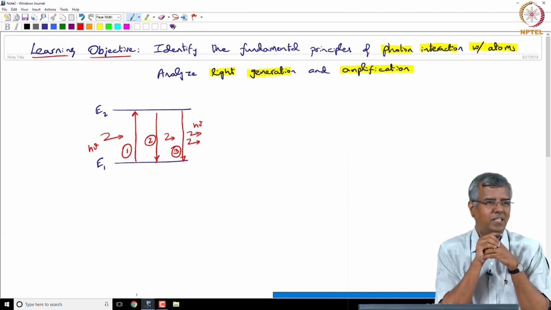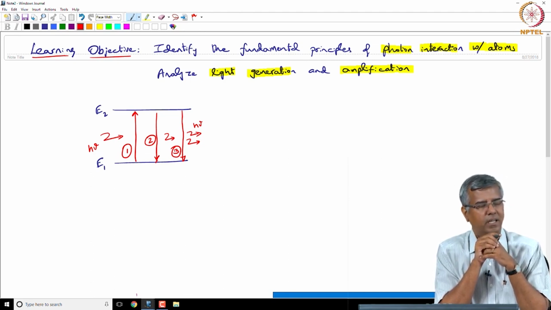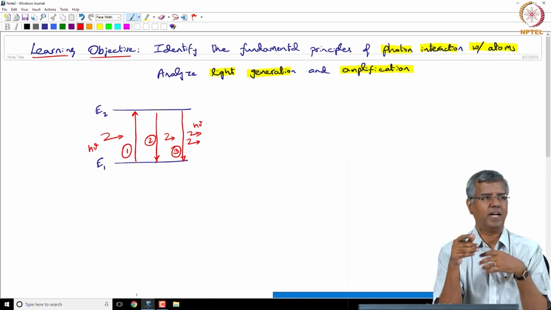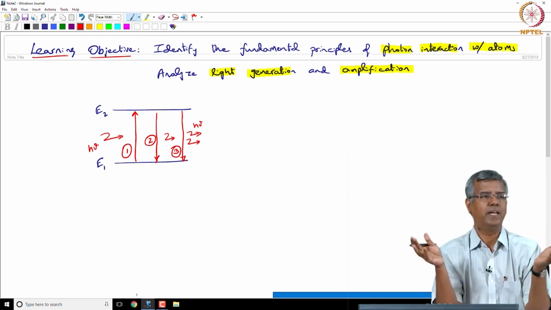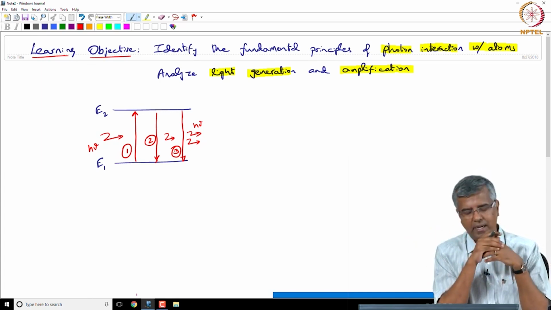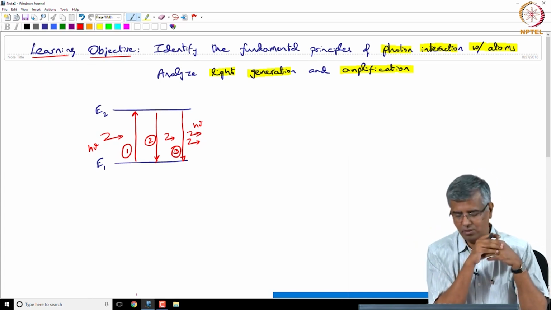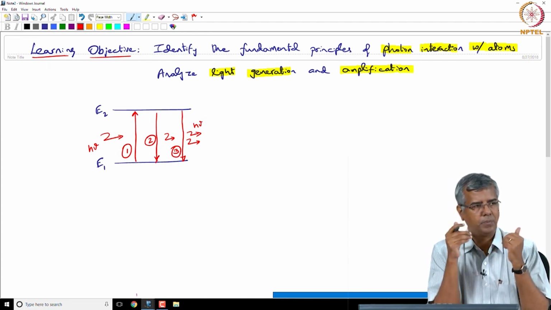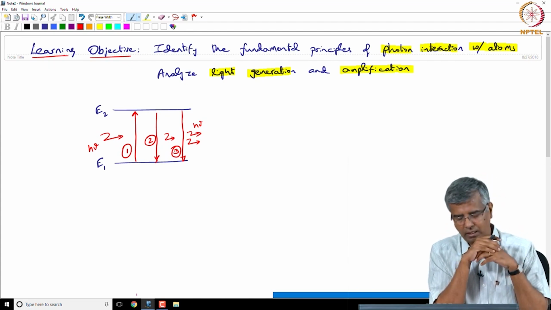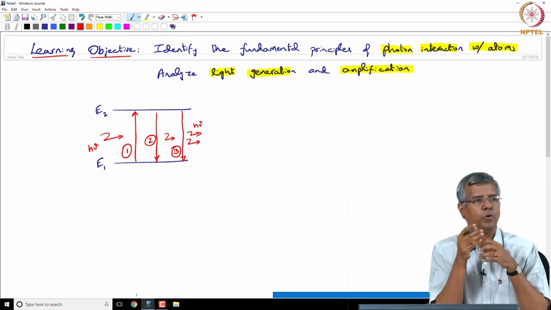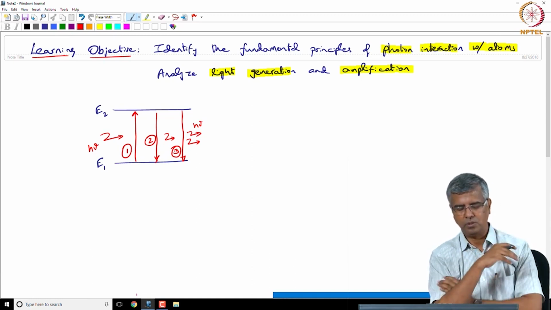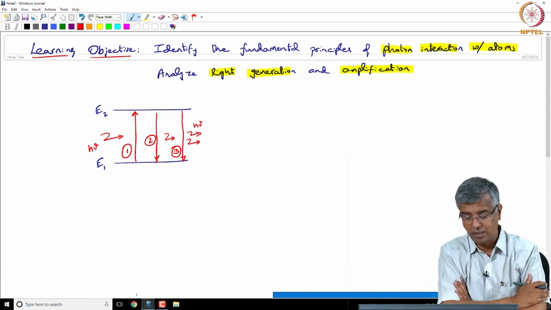Now, spontaneous emission is sort of a misnomer, because spontaneous would mean that the instant the atom goes to the higher energy level, it spontaneously emits. It turns out that is not the case, as you might have found through the absorption experiments we did last week. It spends a finite time in that higher energy level before it emits.